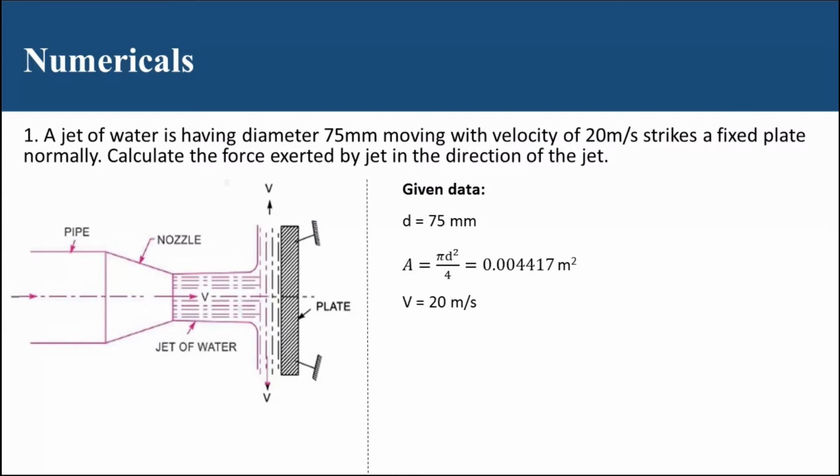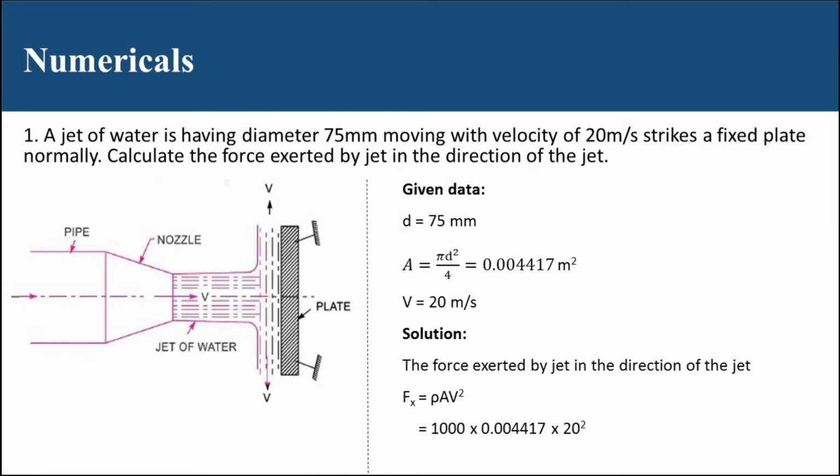To solve, we know the force exerted by the jet in the direction of the jet, that is Fx, equals rho A V square. Here rho is the density of the fluid. In our case it is the density of water, which is 1000. The area is 0.004417 meter square, which we already calculated, and V is 20, so square of 20.